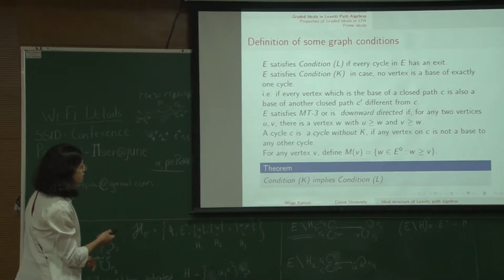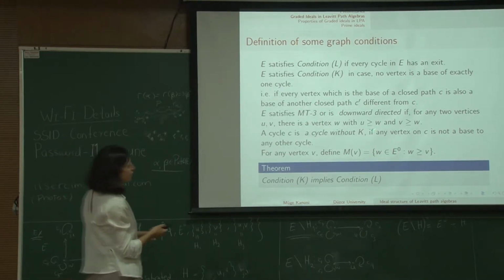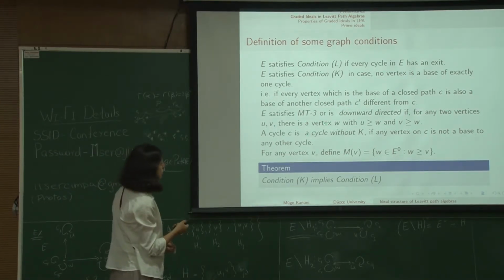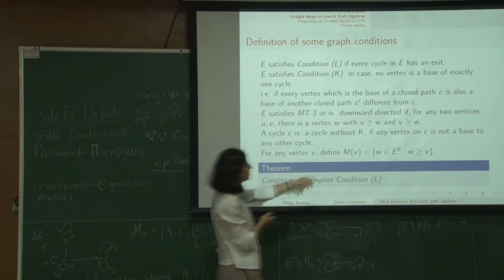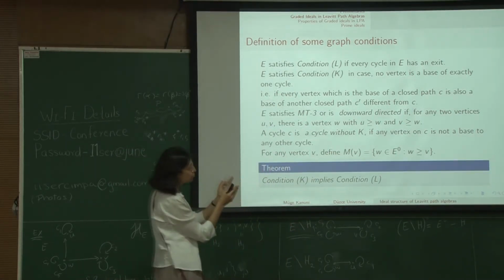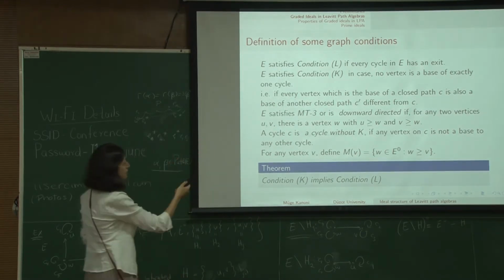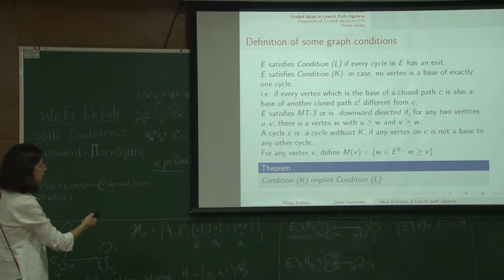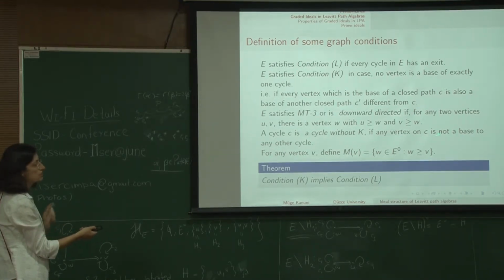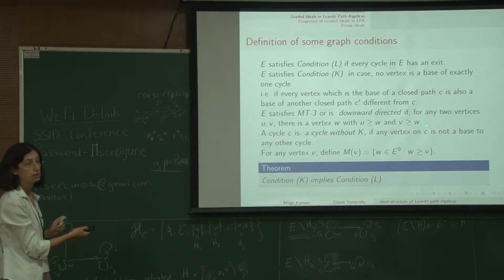And it satisfies MT3, or downward directed, if for any two vertices U and V, there exists another path W where those two vertices merge. Okay, they connect. A cycle is a cycle without K if any vertex on C is not a base to any other cycle.